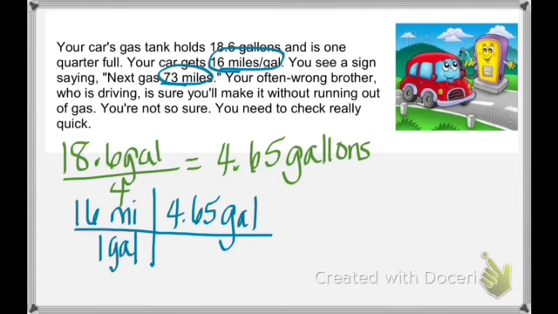And my units are going to work out so that I find out how many miles I can actually go. So 4.65 times 16 will give me 74.4 miles.